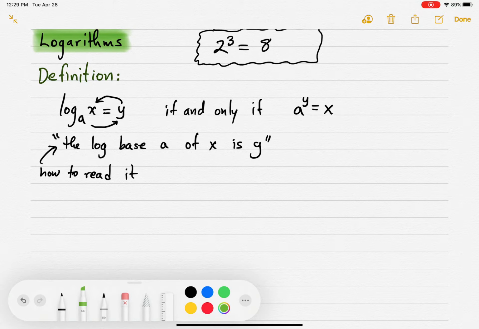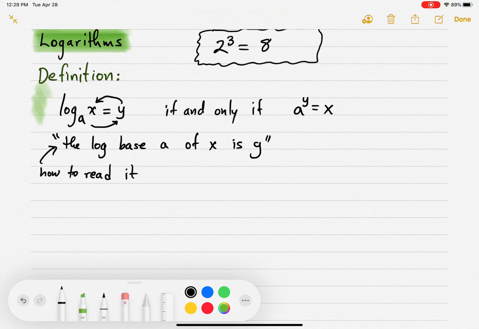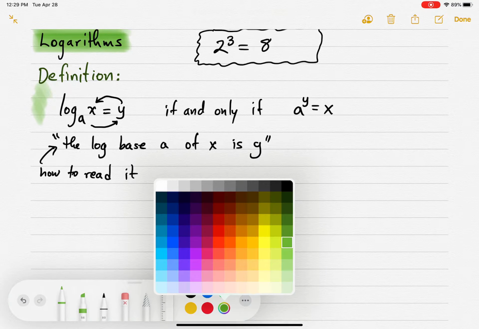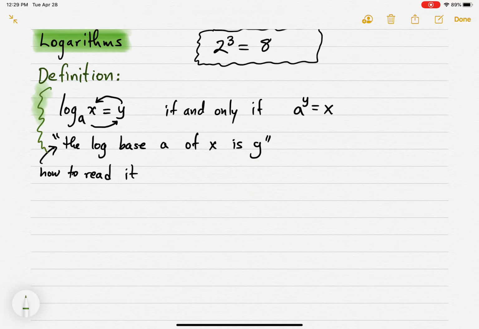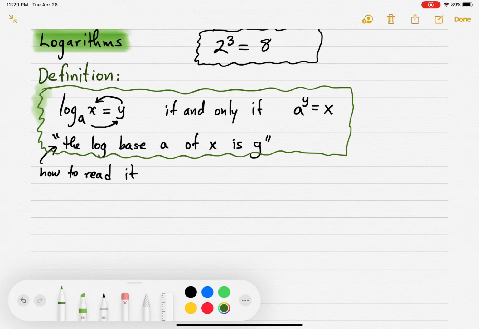Okay, so I'm going to go ahead and box this. So this is the definition of a log. Let's take a look at an example here.